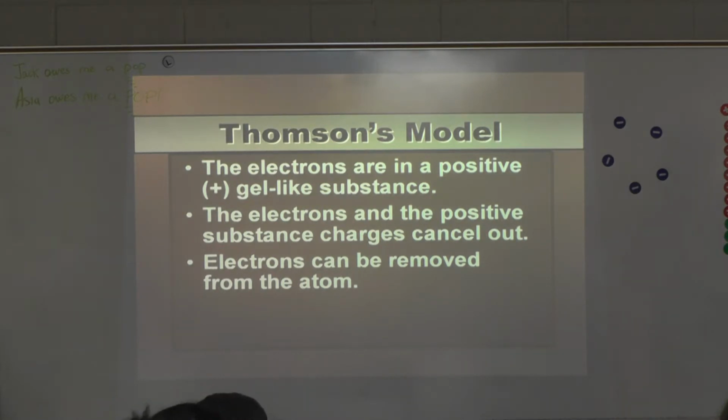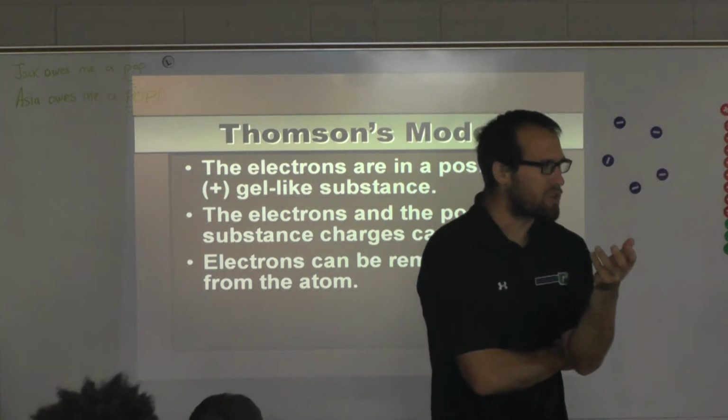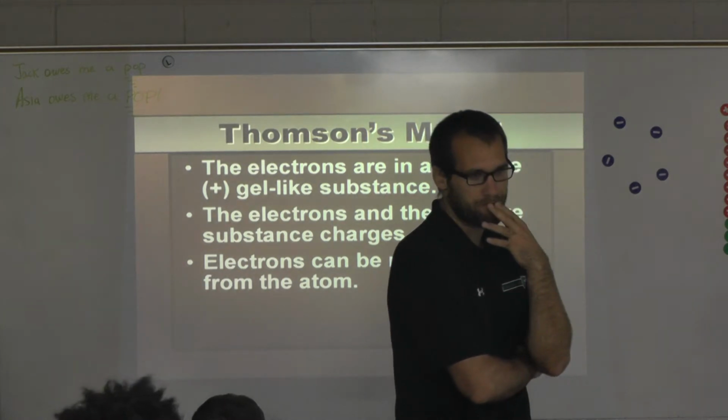He knew that. When you take an atom, you put it up to a magnet or an electrical field, it doesn't do anything. Okay? So he said, it's got negative things in it, but overall it's neutral, so what does it probably have to have in it? Something positive. Now, he hadn't discovered the protons, but his model had to somehow show that the overall atom was neutral.